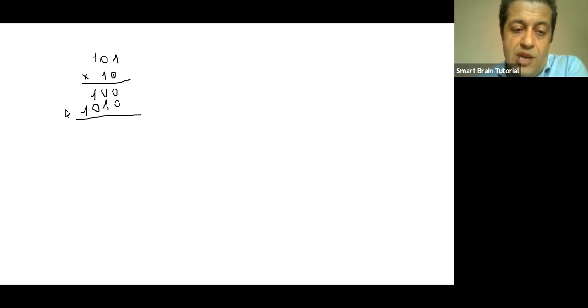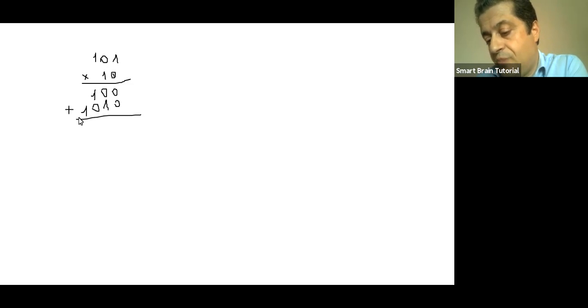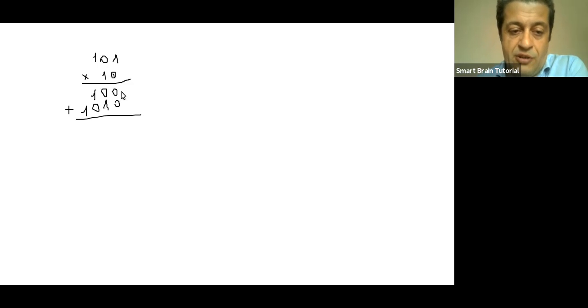Now we have to add. In this topic, are combined addition and multiplication, so two operations in binary systems. So we have 0 plus 0, it is 0. 0 plus 1, it is 1. 1 plus 0, it is 1 again.